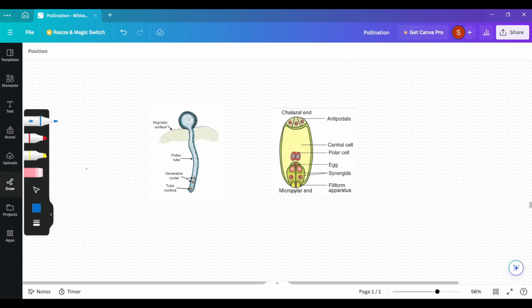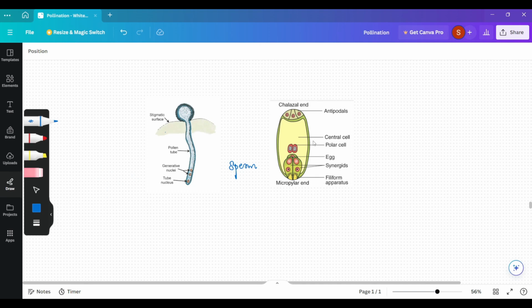The generative nucleus splits to form two male gametes, whereas the embryo sac is ready with the antipodals at the chalazal end, the central cell with two polar nuclei, and the micropylar end with two synergids and an egg. You can find the filiform apparatus in the synergids, which helps in the reception of the male gametes and leads their way towards the female gamete.